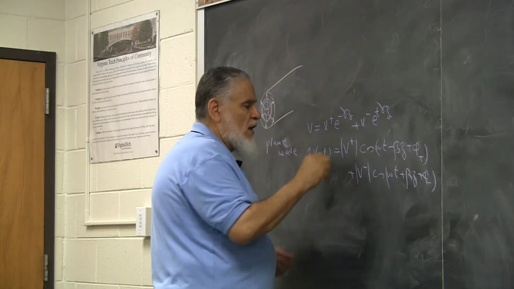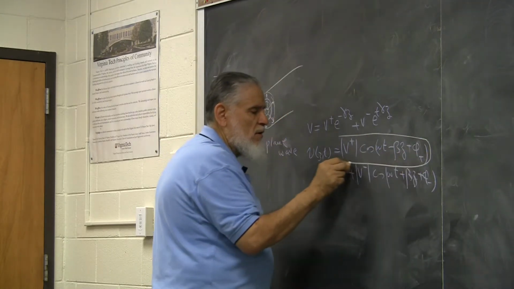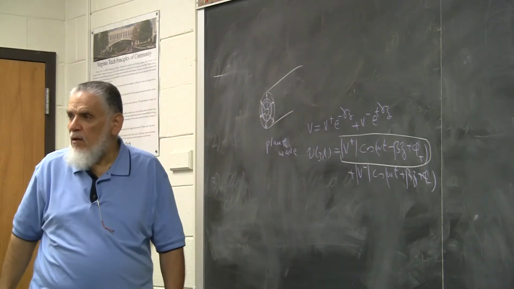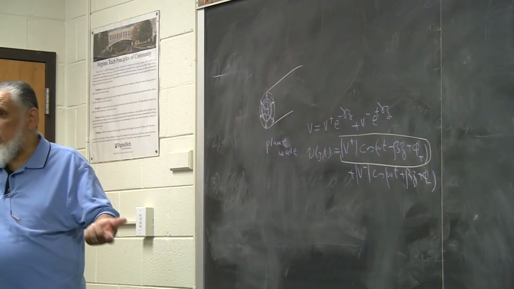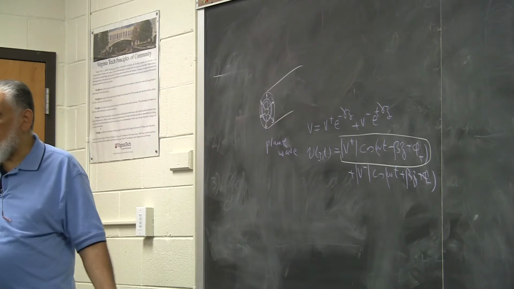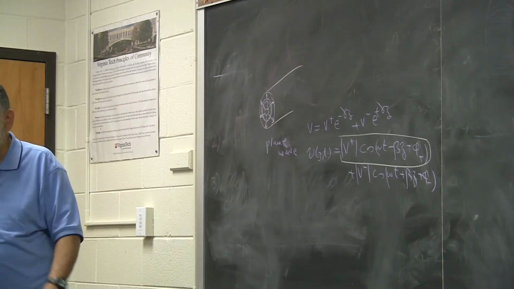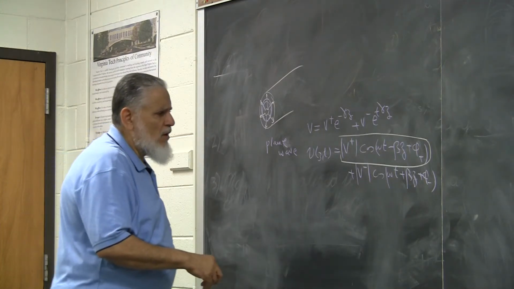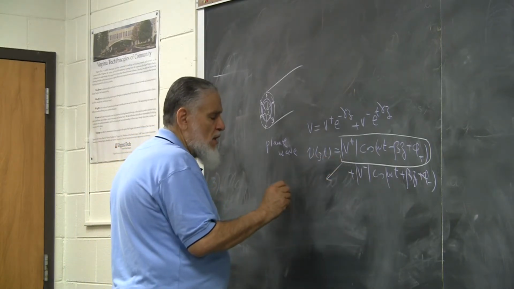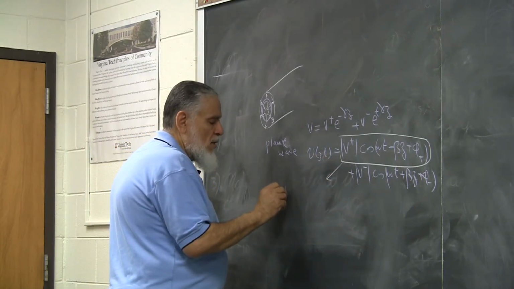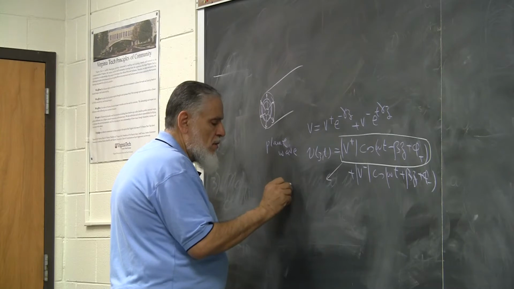As we said, if we take one or the other, okay, and we study that, we are really studying the features of both, and we can resort to the superposition later on. So this one here is a wave and propagation.